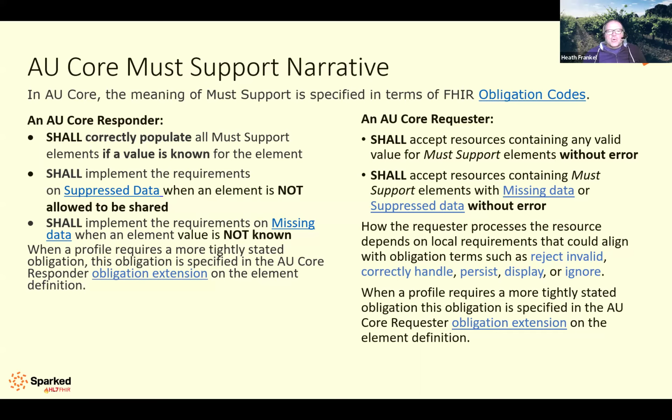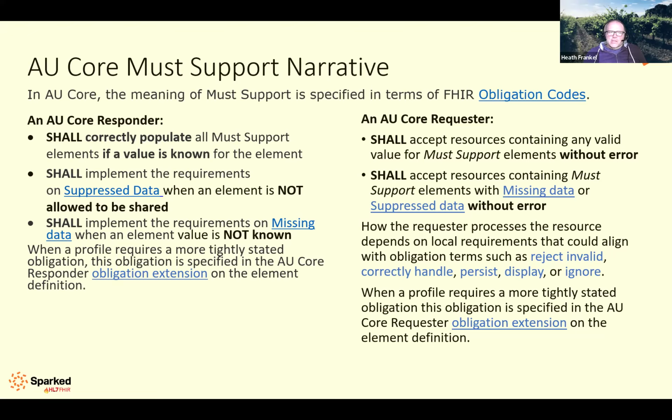If we look at AU core responder, the first dot point is really a paraphrasing of the populate if known obligation. So shall correctly populate all must support elements if a value is known for the element. The second one is basically saying shall implement the requirements of suppressed data when an element is not allowed to be shared.